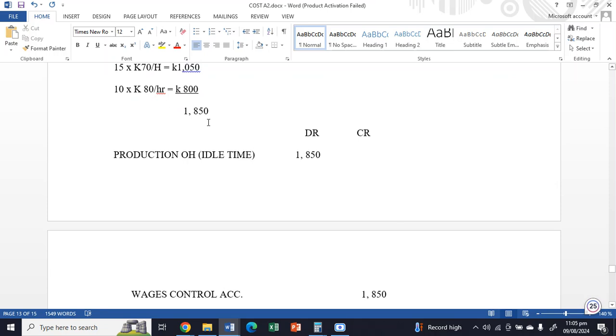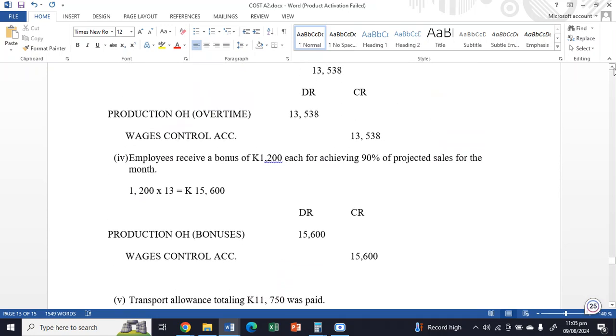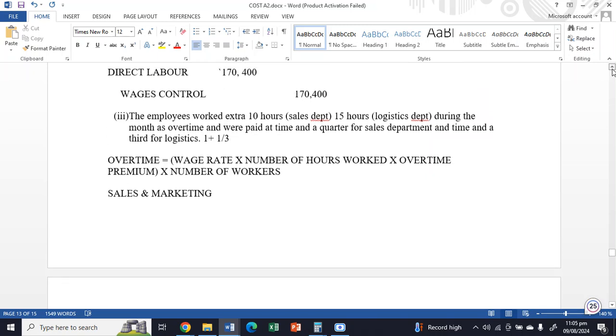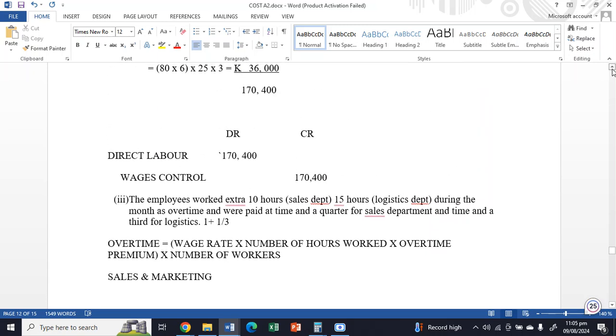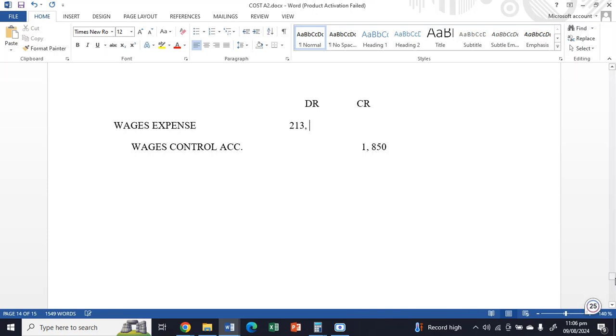Okay, let me also calculate. 1,850 plus 11,750 plus 15,600 plus 13,538 plus 170,400. 213,000. 213,138.